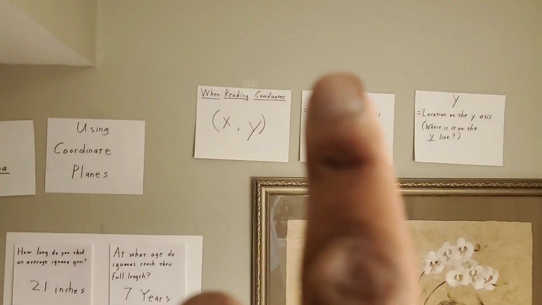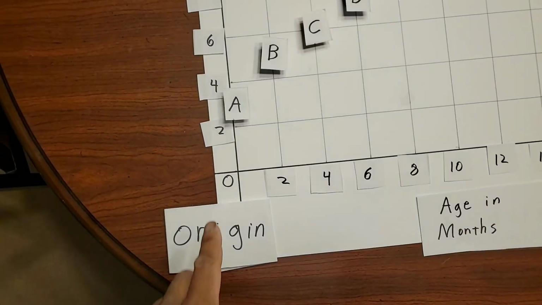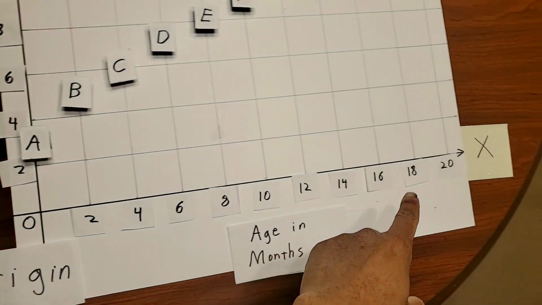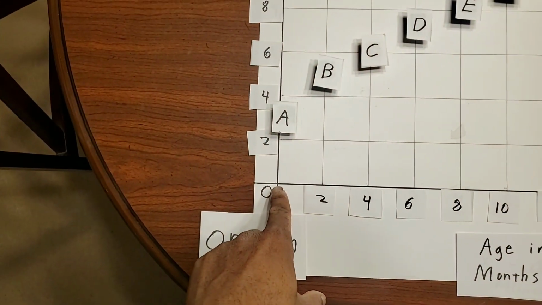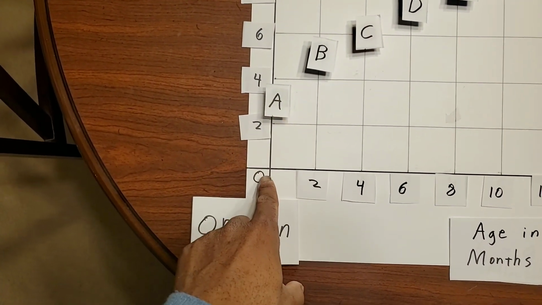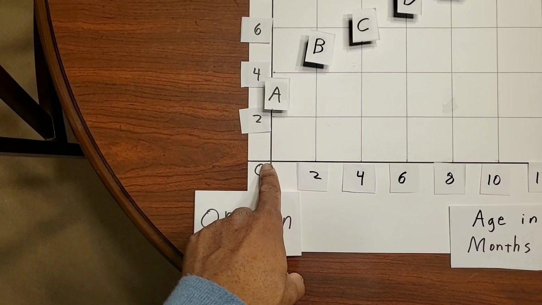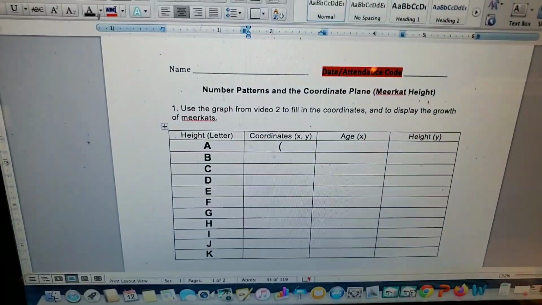Where do we always start? Remember, when we look, we always start with the x-axis, then we go with the y-axis. Where's the x-axis? The x-axis is right here. Where does A fall on the x-axis? It falls at 0. So, hold on 1 minute. We type in 0.